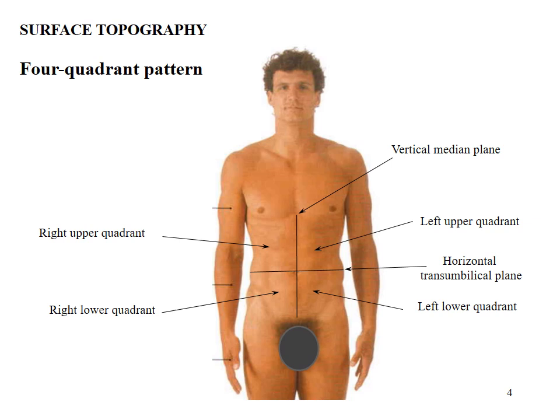There are two planes, the vertical median plane and the horizontal transumbilical plane, and these two planes divide the anterolateral abdominal wall and abdominal cavity into the 4 quadrants. Left upper quadrant, right lower and left lower quadrant. This is one pattern of the subdivision of the anterolateral abdominal wall.